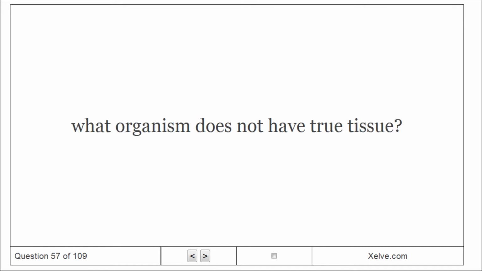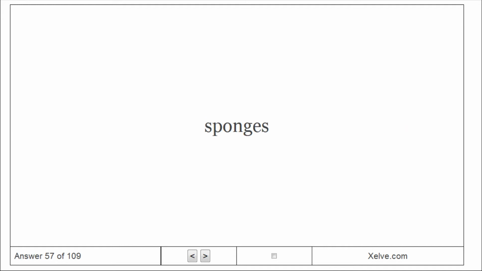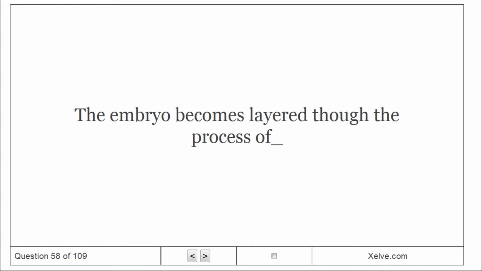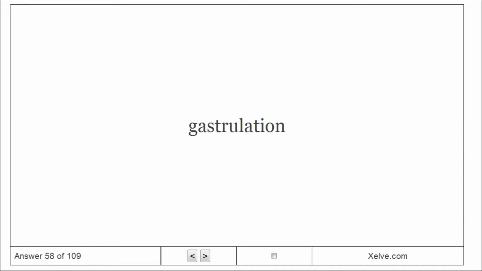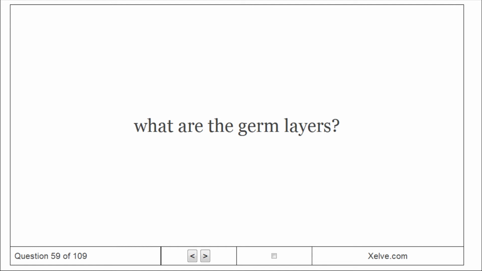What organism does not have true tissue? Sponges. The embryo becomes layered through the process of gastrulation. What are the germ layers? Ectoderm, endoderm.